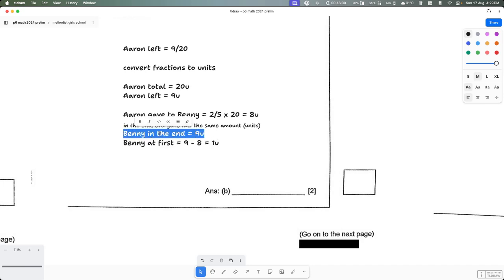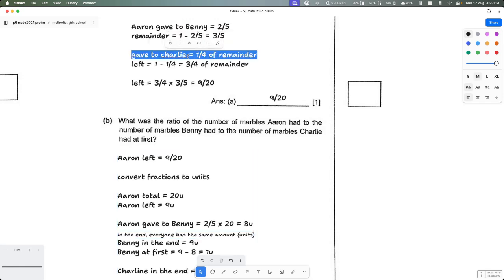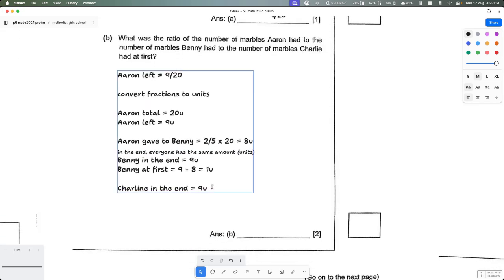Okay, then Charlie in the end had 9 units as well. So Aaron gave Charlie 1/4 of the remainder.